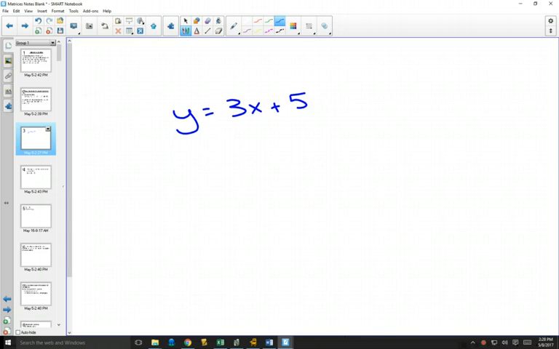Well, x can be a bunch of different things, right? Because it depends on y. And y can be a bunch of different things because it depends on x. And there's not just one solution to this, because the answer is the whole line, which has a bunch of different points. And every single point on the line is a solution to this. So when x is 1 and y is 8, that works out to be one of those solutions.